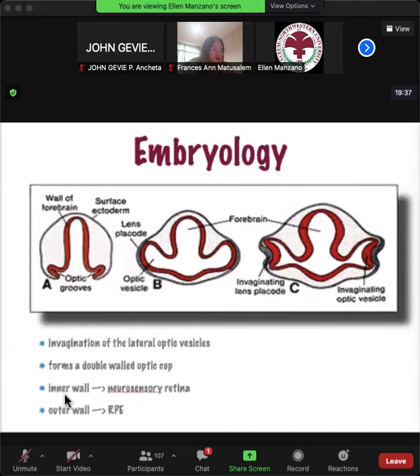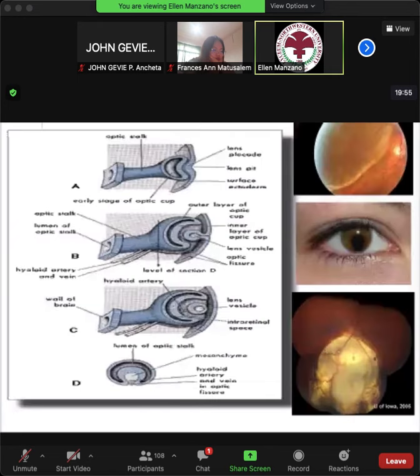Later on, you will know that the inner wall of the optic cup would become your neurosensory retina, while the outer wall of the optic cup would become your RPE, or your retinal pigment epithelium. So this is the optic cup.